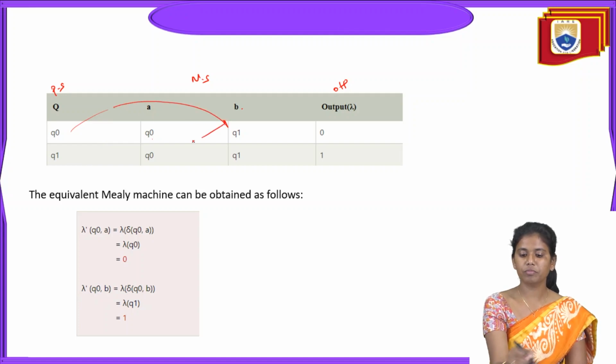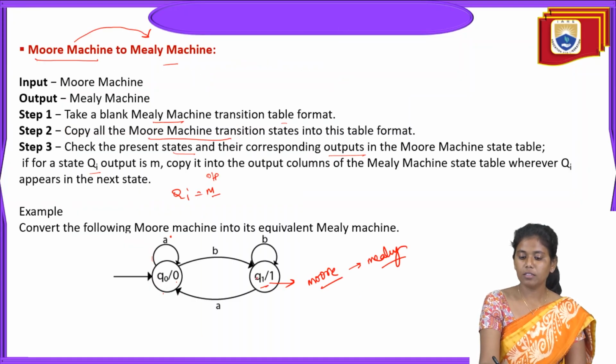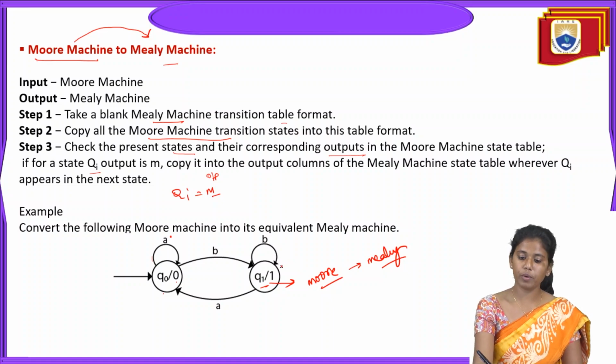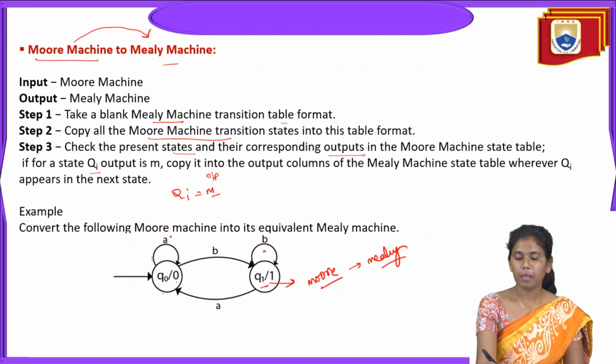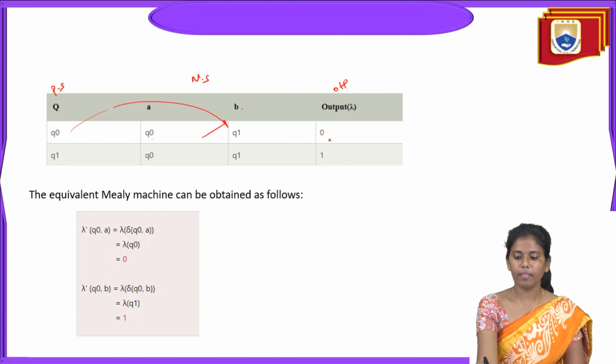Likewise, Q1 stays within itself in the same state when the input is B. But when the input is A, we see the transition from Q1 to Q0, and the output goes with respect to 0 and 1.